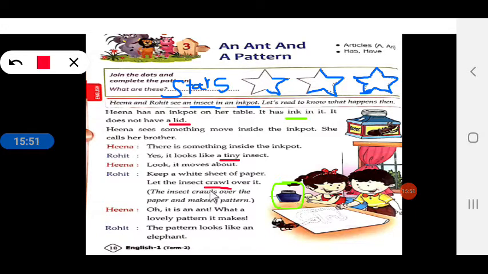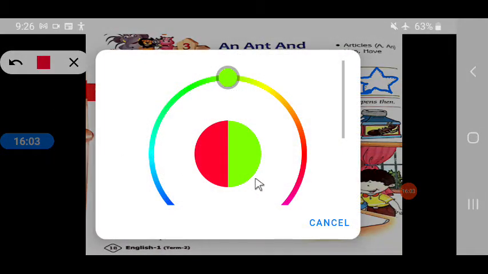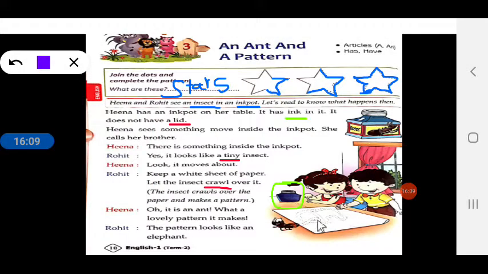Then what happened? The insect travels over the paper. See, it's traveling here. That is an ant, no? So it came from here, from the bottle, and it goes here. I'll show you in the picture here. So here it came, and it travels on the paper.